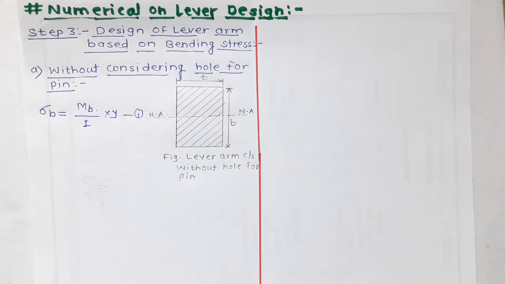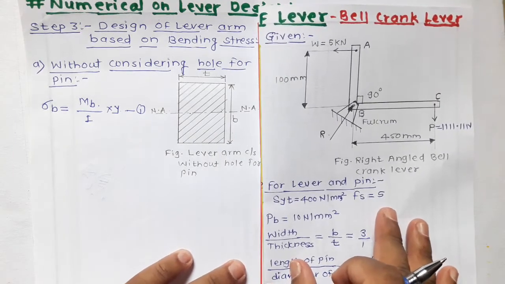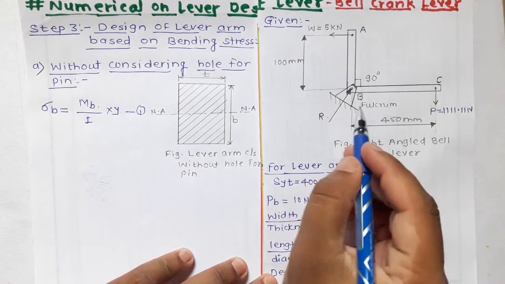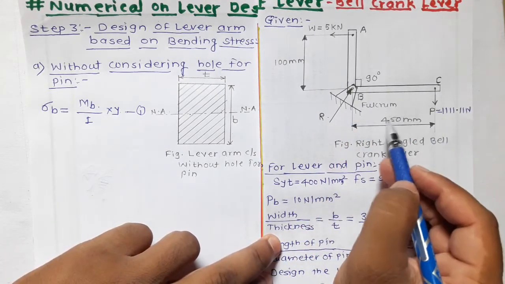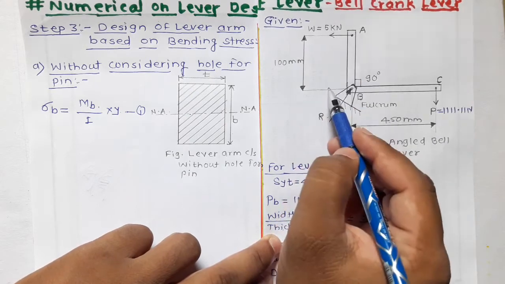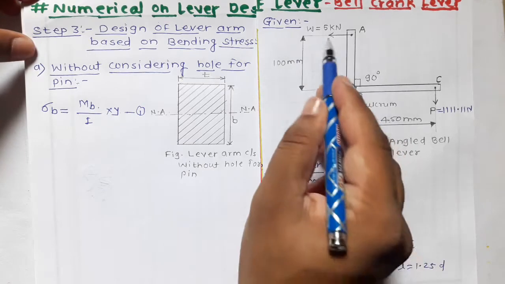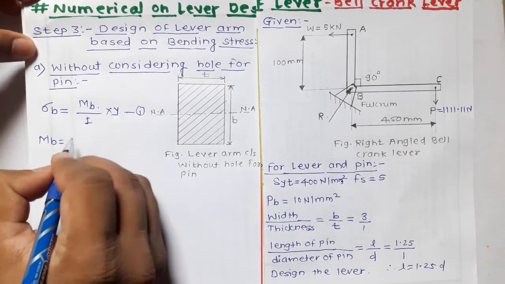If you consider this diagram which we have drawn for this problem statement, we can see that the bending moment will be maximum at point B. You can consider either this force P into this distance or force W into this distance. Equal bending moment you will get at this point B from both the forces. So we can calculate this MB as maximum bending moment.